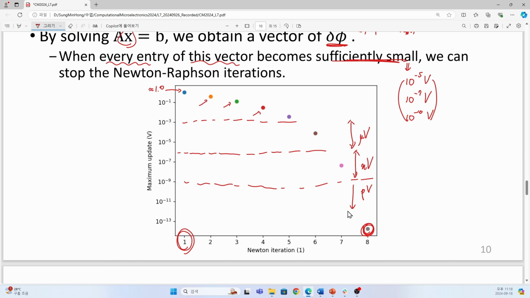We may stop here and say that this is a good enough numerical solution for our purpose. That is quite typical for our calculation. So please do your exercise to get some feeling about when you have to stop or when you may stop.